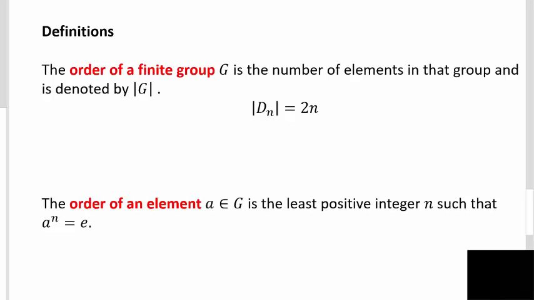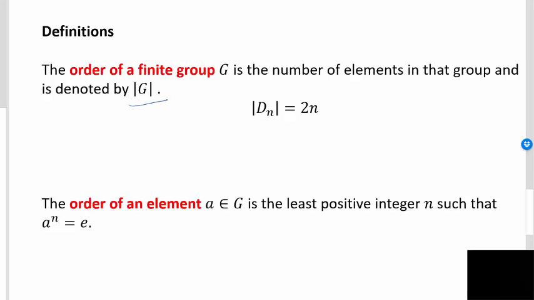Well, these are the definitions that I probably should have put before the last slide. These should be memorized. All definitions need to be memorized word for word. The order of a finite group, G, is the number of elements in that group, and it is denoted by this. And it looks like absolute value, but of course it is not. It just means the number of elements in the group.